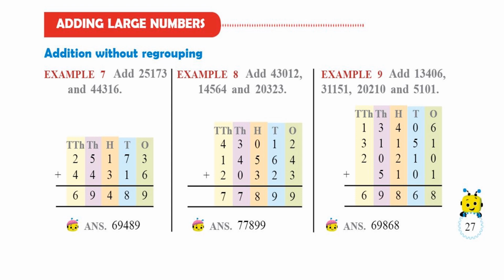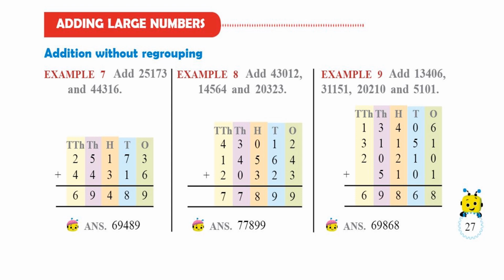14,564 and 20,323. Yes. Then first we have to write the place values, ones, tens, hundreds, thousands and 10,000s. Then arrange and write the numbers given to us in order. Ones in ones place, tens in tens place, hundreds in hundreds place, thousands in thousands place and 10,000 in 10,000s place.